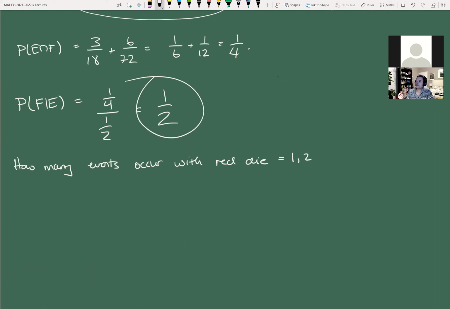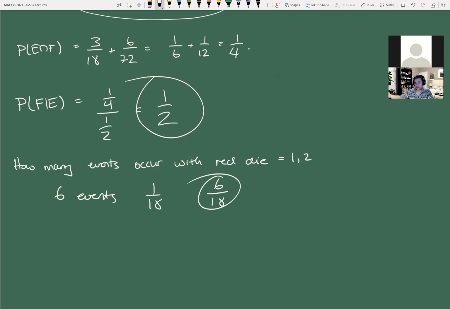If the red die is 1, the second die has to be an odd number as well, so there are 3 of those. If the red die is even, the blue die also has to be even, so there are 3 of those. So there are 6 events. The probability of each of those events is 1/3 times 1/6, which is 1/18. So there is a 6/18 probability where the red die is 1 or 2.